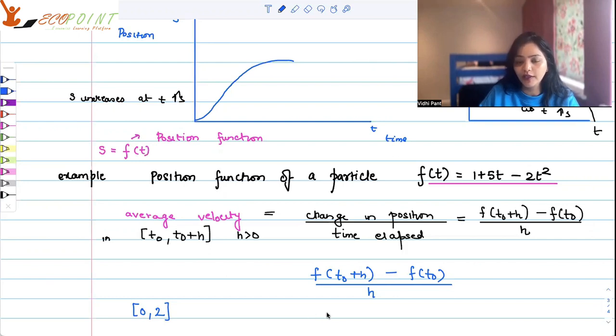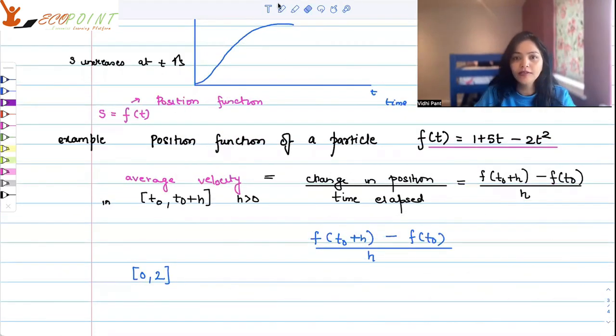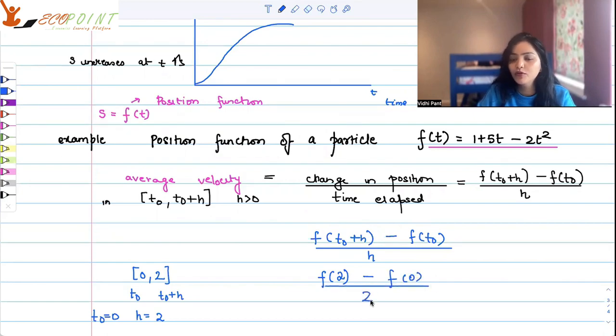So in 0 to 2 seconds, where does the particle reach? This basically means that 0 is your t naught and 2 is your t naught plus h, which means h is equal to 2 because t naught is 0. So the change in time is 2 seconds, which means we are talking about f at 2 seconds minus f at 0 seconds, whole thing upon 2 seconds.